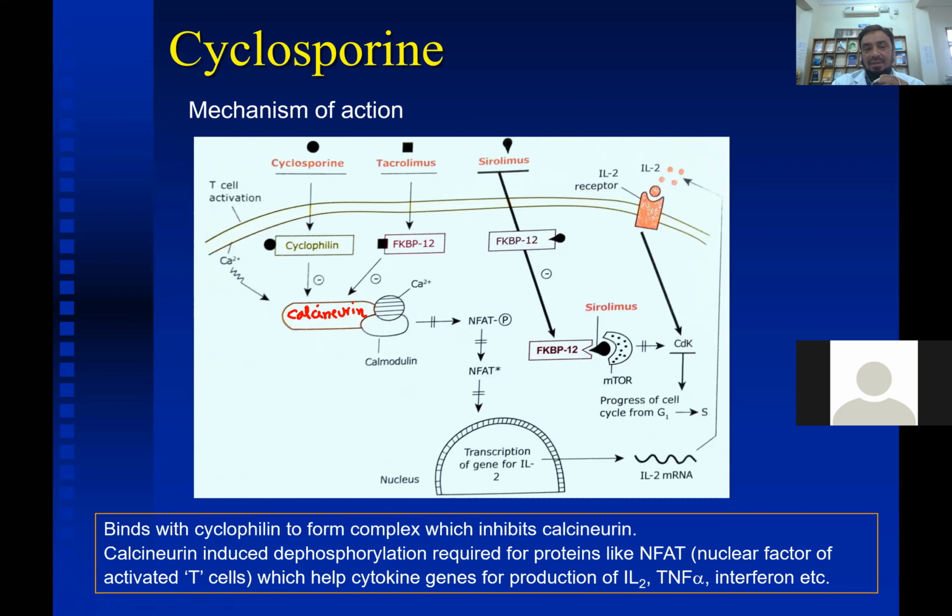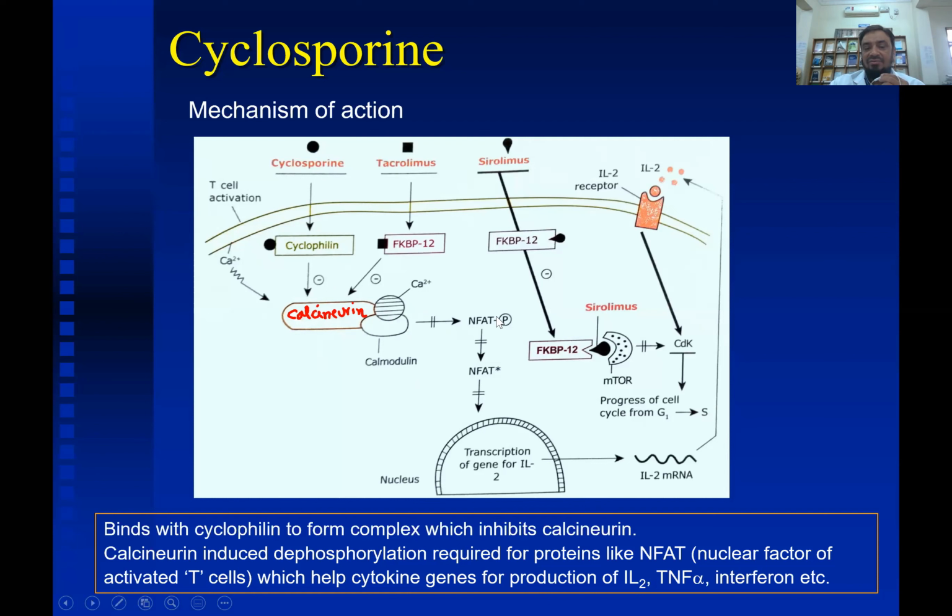Cyclosporin is a calcineurin inhibitor. The mechanism of action of cyclosporin: it attaches to an immunophilin, that is cyclophilin, and this cyclophilin complex binds to calcineurin and inhibits the activation of calcineurin by the calcium calmodulin complex.